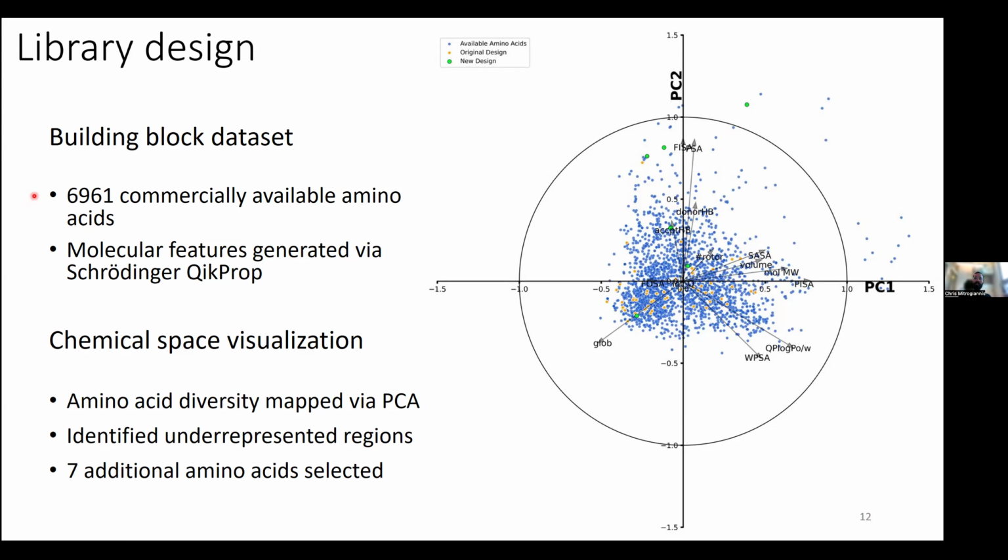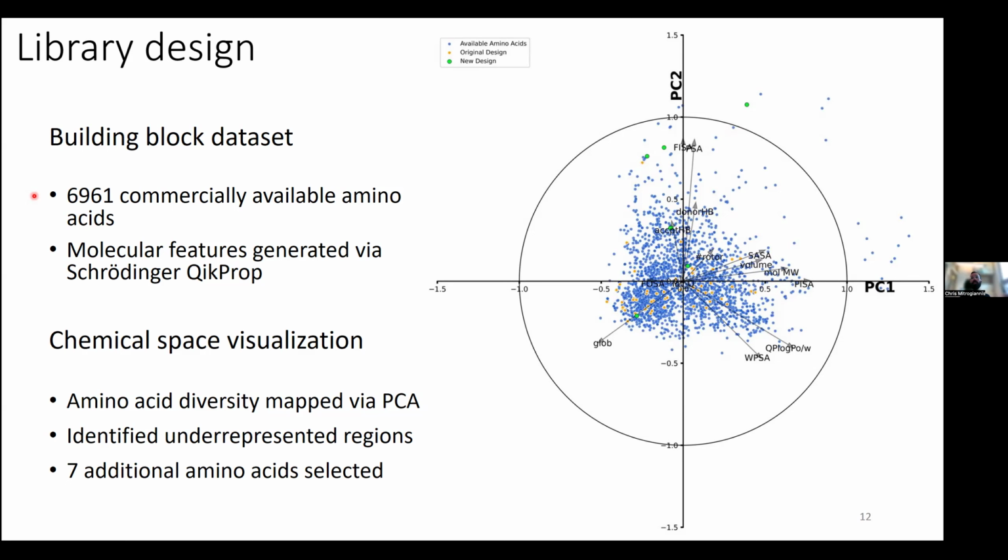And since we wanted to keep the cost as low as possible to showcase that this is something that, if you have the infrastructure and the knowledge, you can do without spending a huge amount of money, we decided to buy 7 additional amino acids, which are the ones represented with green in the graph.